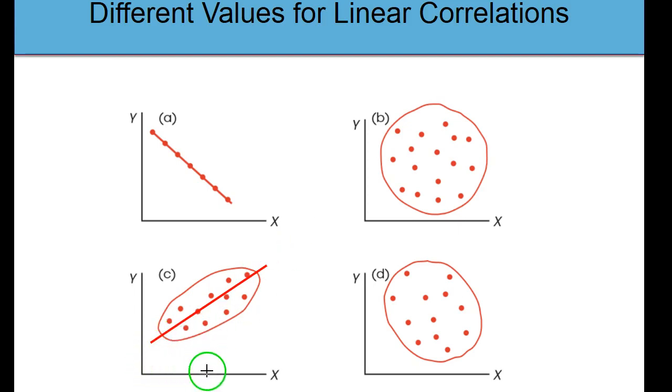So as you increase values on X, you see increasing values on Y. And here, there is a relationship. If we were to cut this oval in half, we would see a downwards line. So this is another negative relationship. As we go up on the x-axis, we drop on the y-axis.